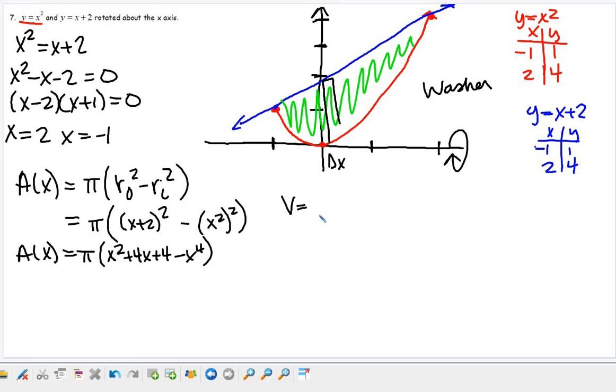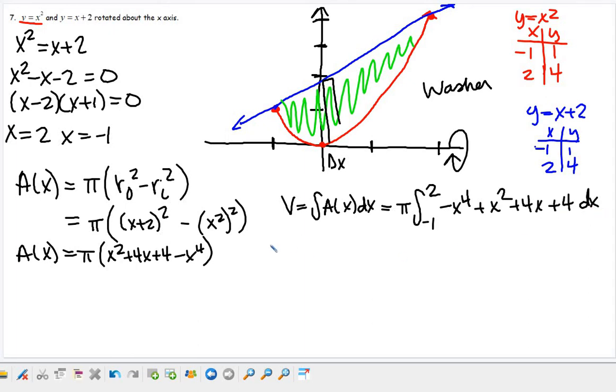So remember, volume is the integral of area. So pi. So if I'm integrating with respect to x, my bounds have to be with respect to x, which we already found, -1 to 2. And I'm just going to write this in order, negative x to the 4th plus x squared plus 4x plus 4 dx. So volume is equal to pi times negative x to the 5th divided by 5 plus x cubed divided by 3.